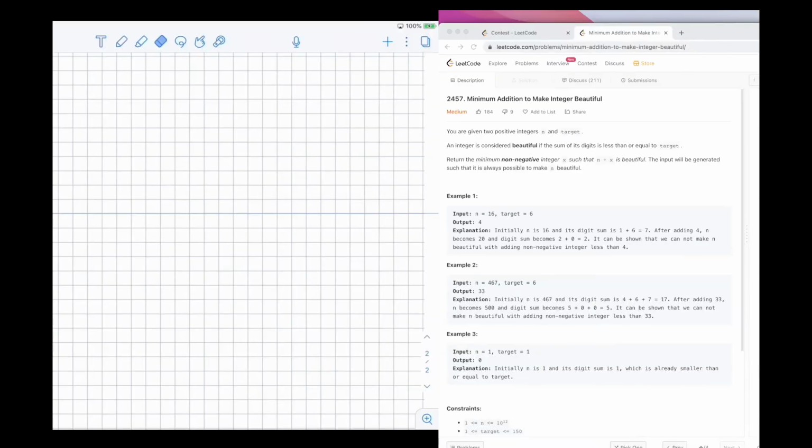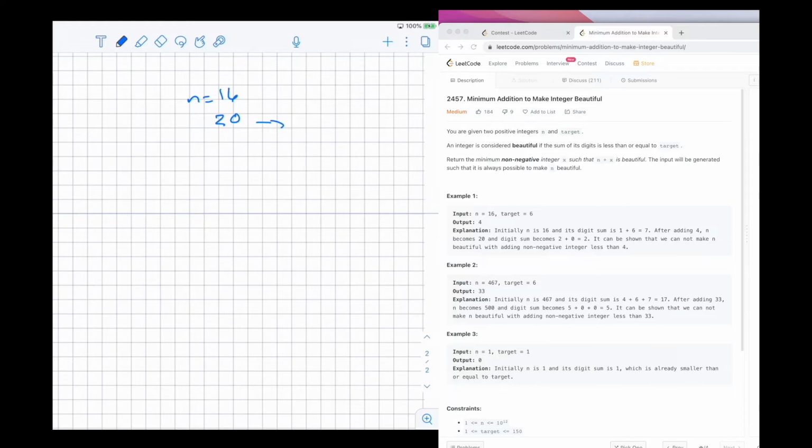Okay, so let's see what we did in the first two examples. For the first one, n equal to 16, what we tried is, okay, let's put 0 in place of the 6 and add 1 to the first digit. And that turned out to be a good solution.